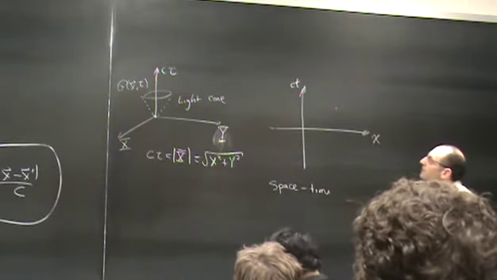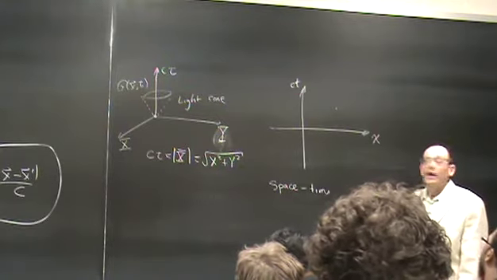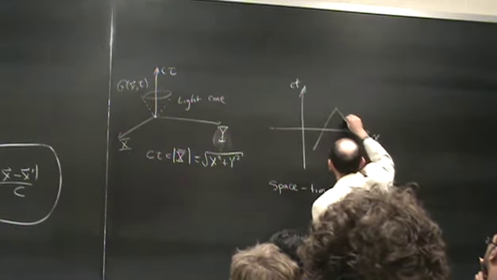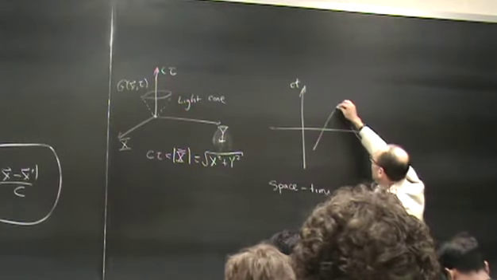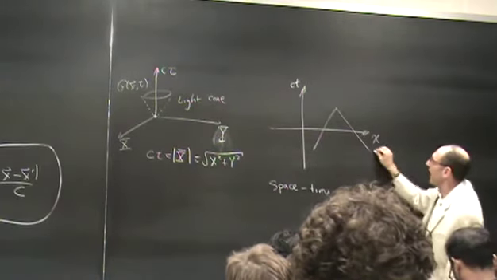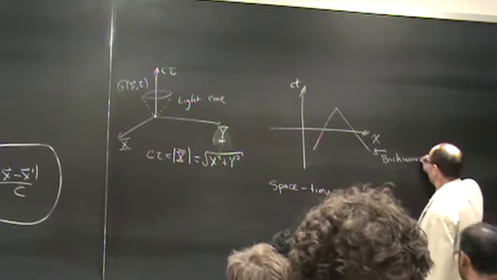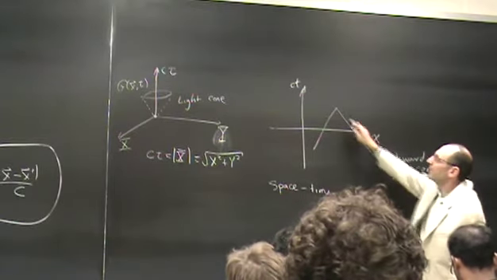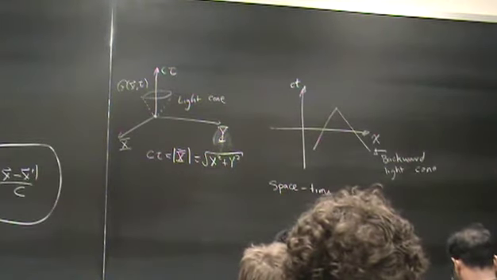What I see depends upon what was going on in my past. And moreover, it depends on my past that propagates to me at the speed of light. So if these are lines that have a slope of 1 in these units, this, as you know from your previous studies, is known as the backward light cone. So these are all the light signals that could have gotten to me at my position at my time.